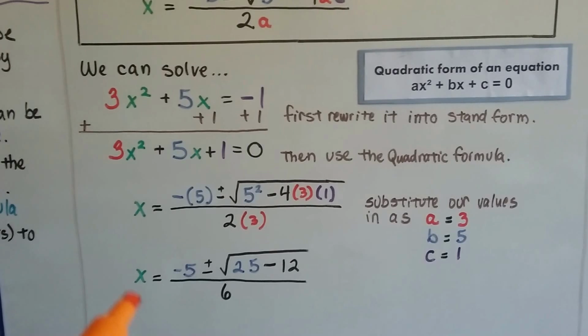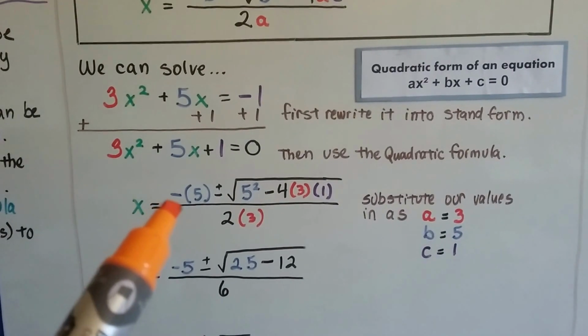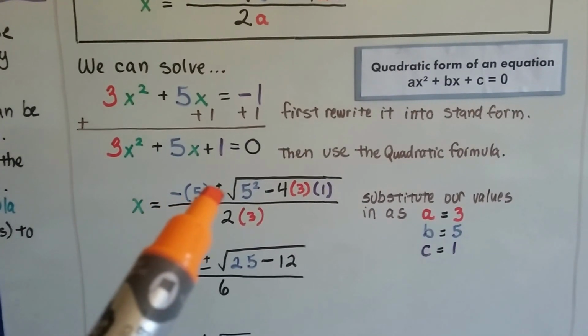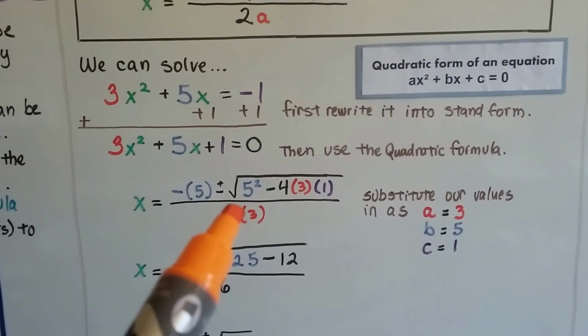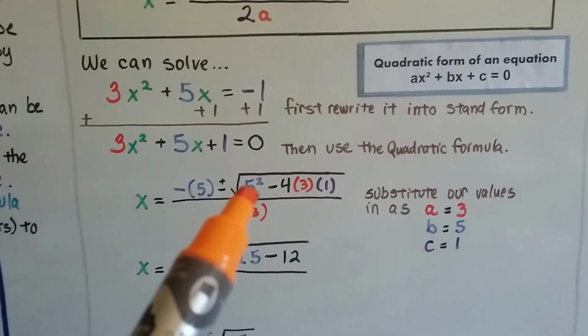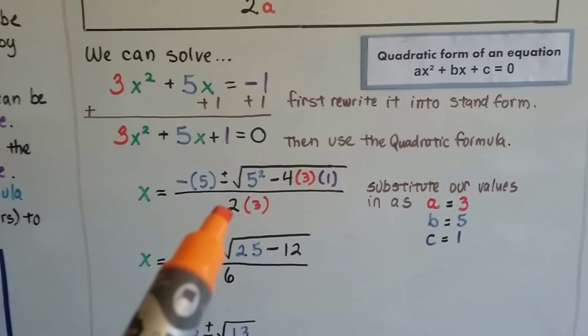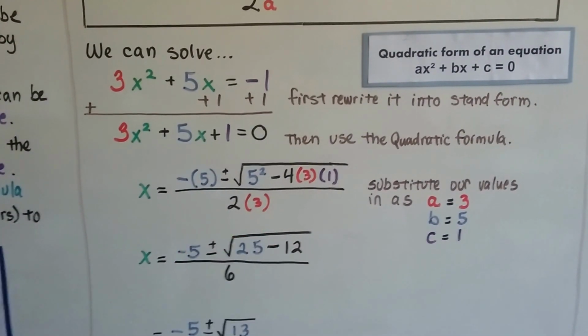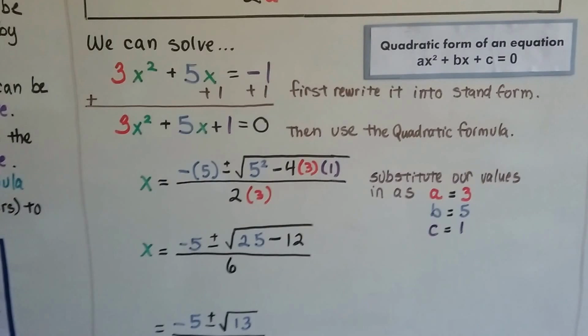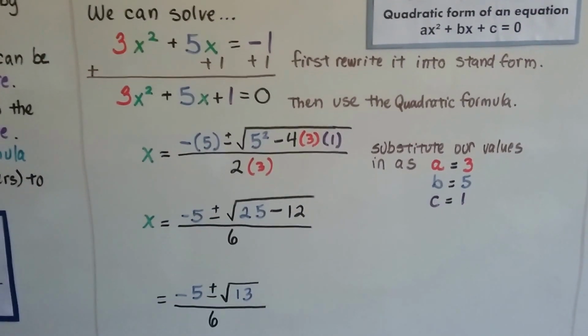Now we've got x equals the inverse of 5 plus or minus the square root of 5 squared minus 4 times 3 times 1, divided by 2 times 3. We substituted our values in, and now all we have to do is simplify it.